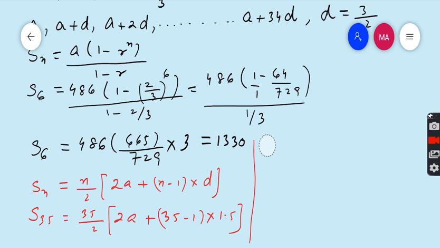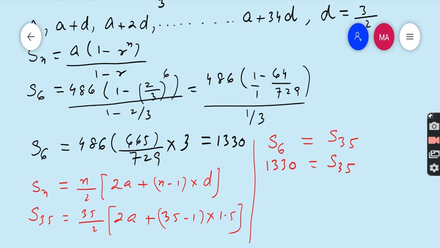Now, according to the question, the sum of the geometric progression is given as the sum of the arithmetic progression. This is the main point. So S6 is given, we have found S6, that is 1330, equal to S35.